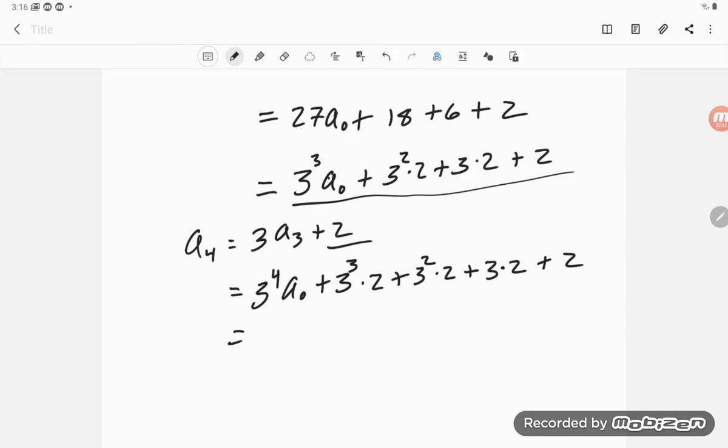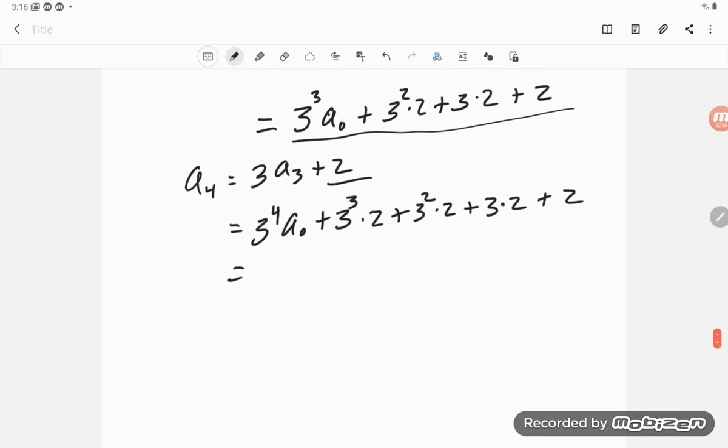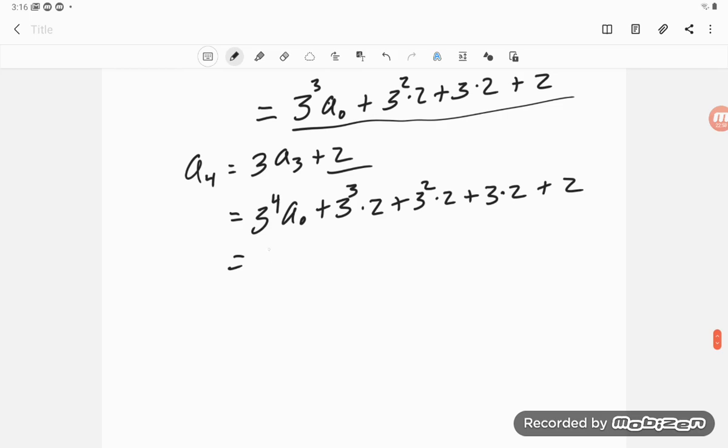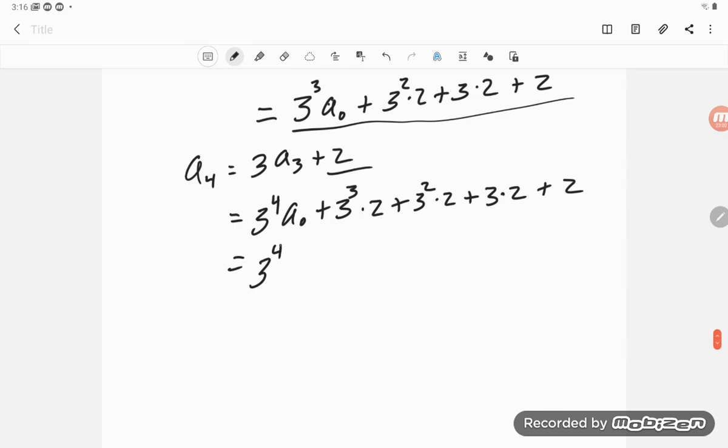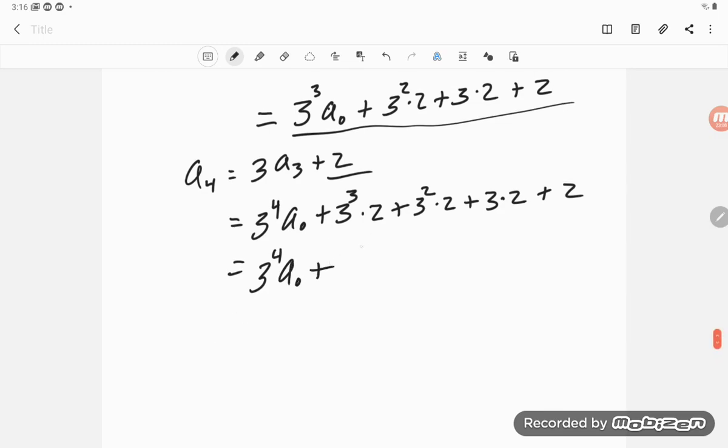And so I can get this all as a nice formula in terms of a0. Well, I'll call it a nice formula. 3 to the 4th a0, and then plus, I've got a 2 in each of those, so I'll factor that out.